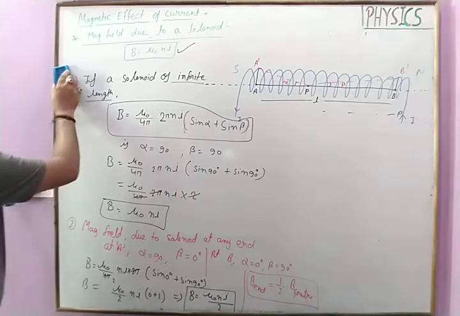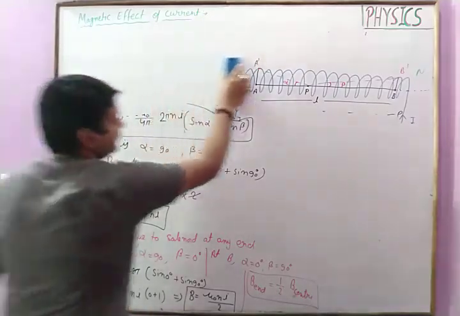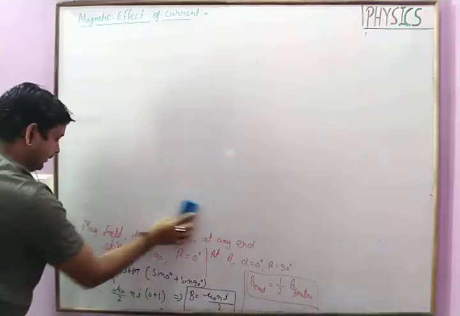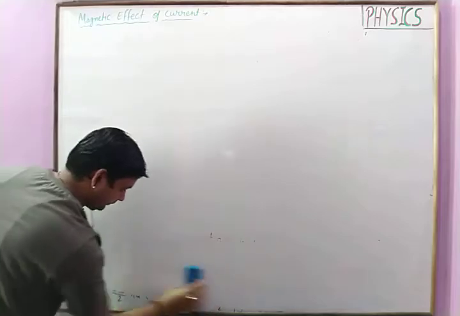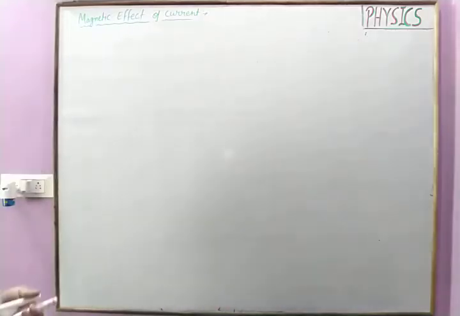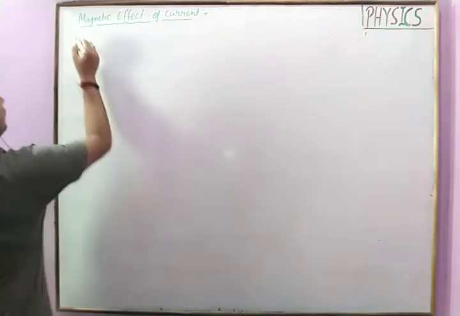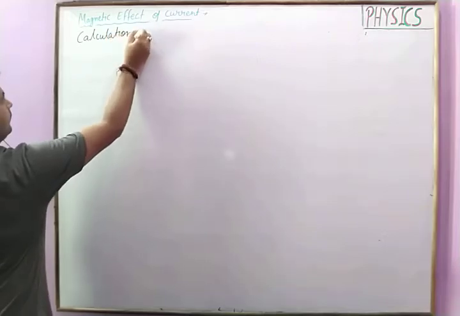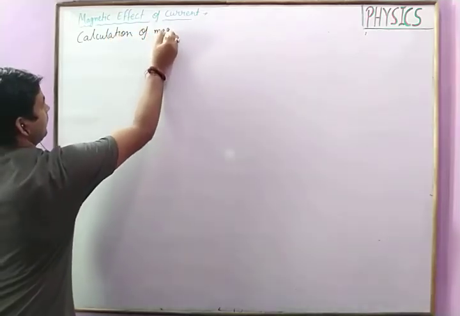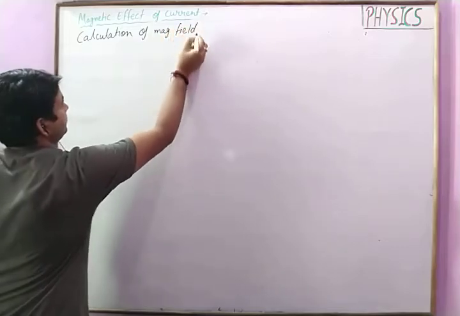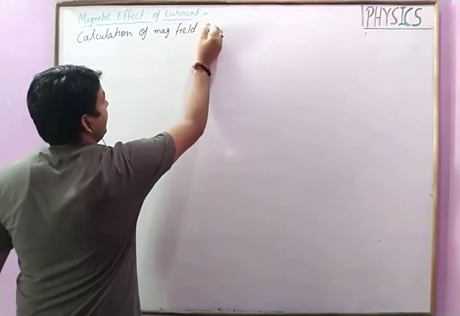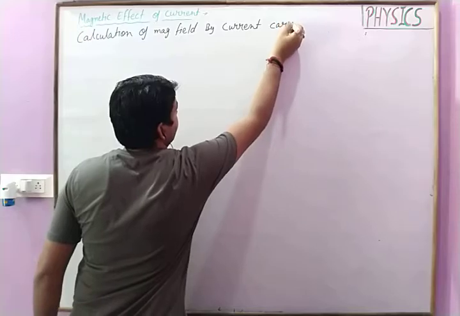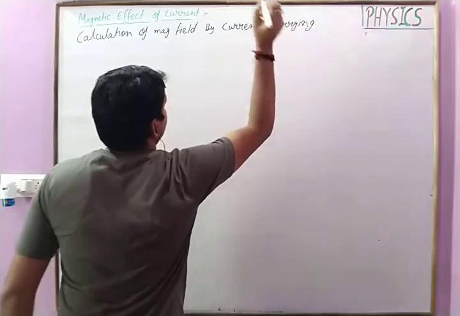Now students, we will discuss some more applications of magnetic field, the calculation of magnetic field due to current carrying conductors of different shapes. Calculation of magnetic field by current carrying wire.